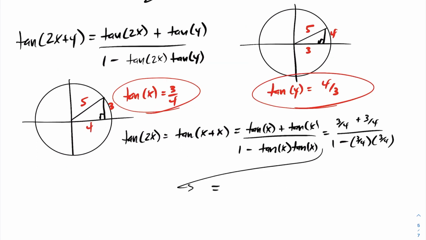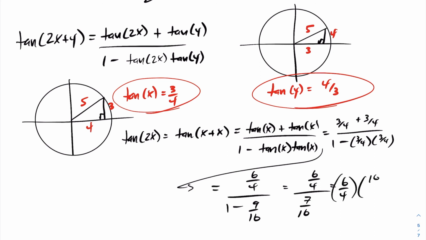Continuing on here, this ends up being 6/4 over 1 minus 9 over 16, which is 6 over 4 over 7 over 16. And again, we multiply by the flip. This becomes 6 over 4 times 16 over 7. And that'll reduce, the 4 cancels, and we end up getting 24 over 7 as our value for the tan of 2x.